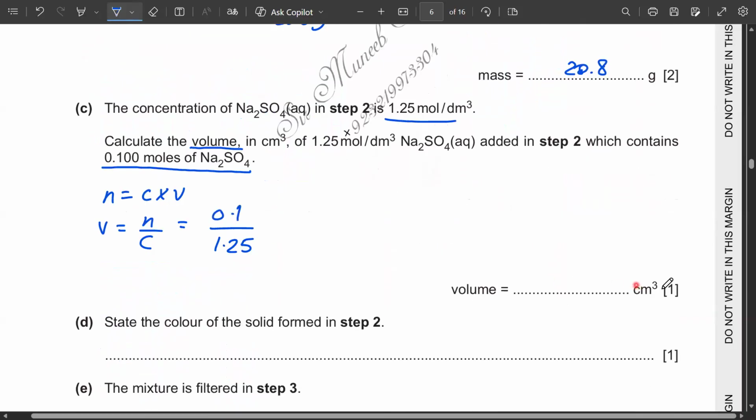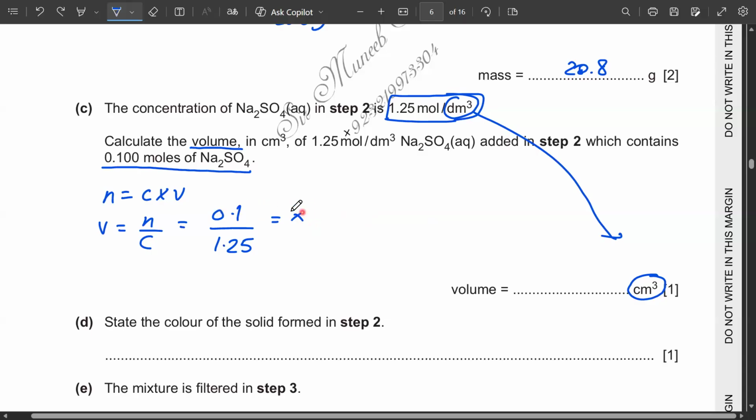And one more thing, the answer must be given in centimeter cube. So you are basically using the value coming from the concentration which is having dm cube in it, but your answer must be in centimeter cube, which means the answer which you'll be getting must be multiplied with 1000.